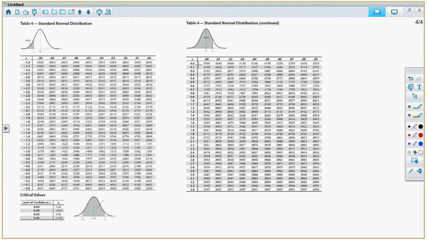I want you to look at it. It's called the standard normal distribution table. It's called the z-table. You need to find that in your book, or when you go home tonight, pull it up on Google. Just search for z-table, and you'll find some pictures of it, and you can print it out. Those of you that bought a book, it should be in your book.